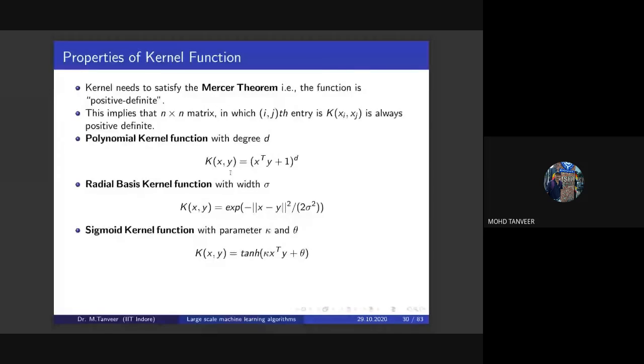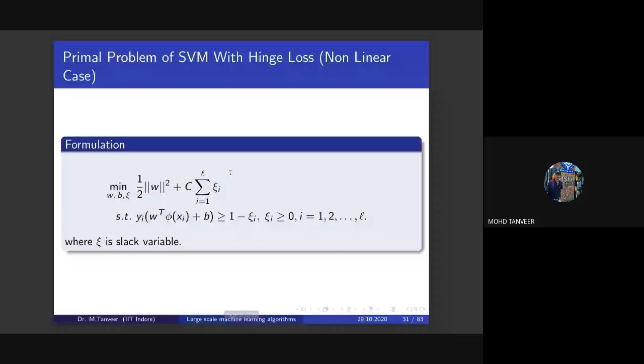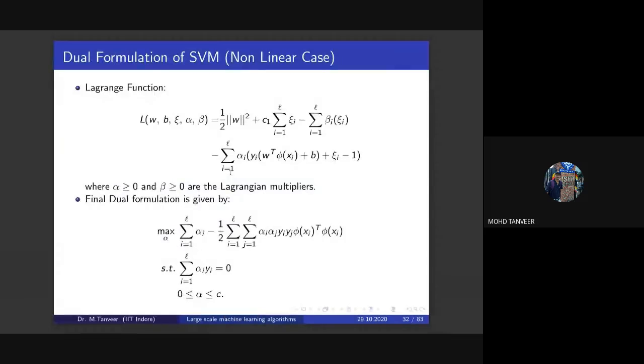Let me show the nonlinear case: it comes in this way, phi xi transpose phi xj. This is the only difference. In case of any question, you can stop me and I can answer you. Otherwise, we can talk after the lecture.